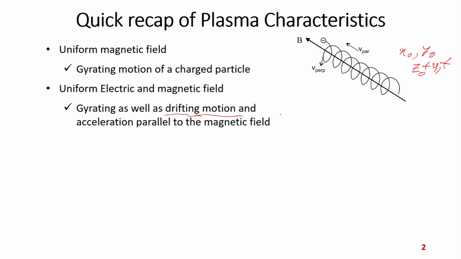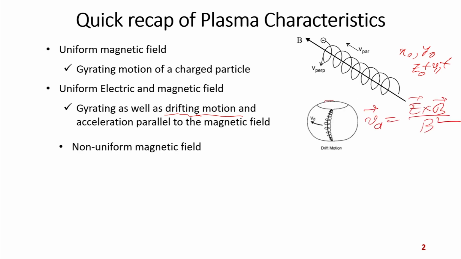So, we have seen that the drift velocity is given by E by B squared, meaning the drifting velocity vector is perpendicular to both the electric field as well as the magnetic field.